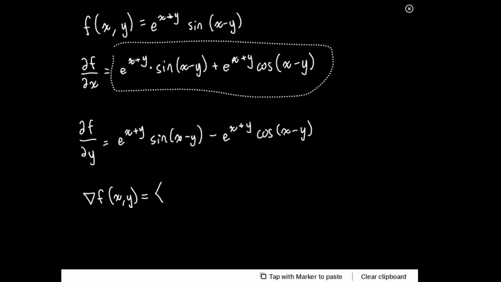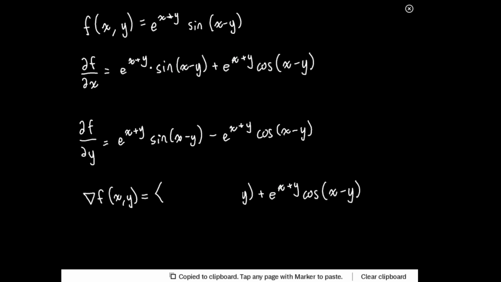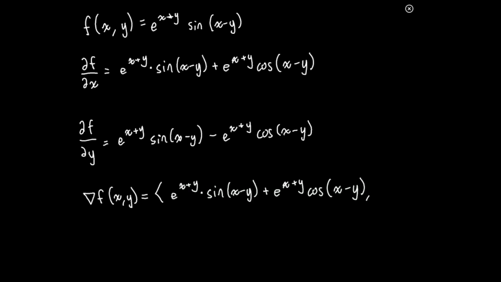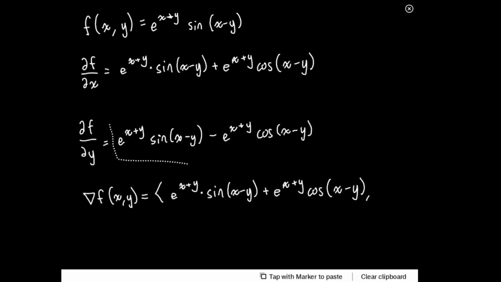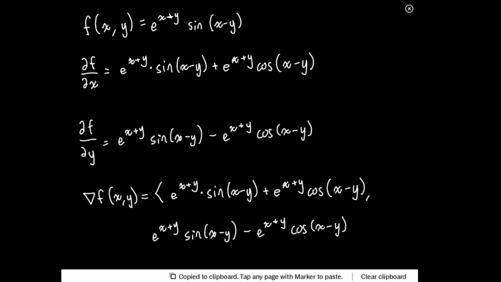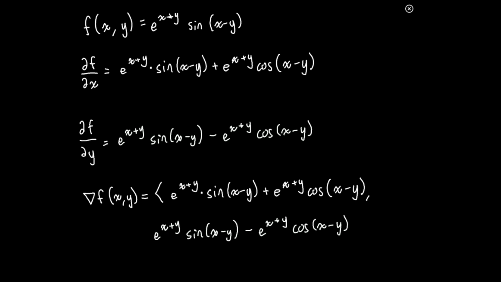I'll just take this, throw that in here, comma, and then there you go. That would be your complete gradient function. And they could ask you for a point, and you would already know how to plug that in and figure it out.